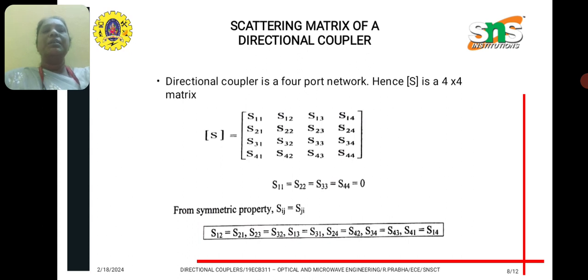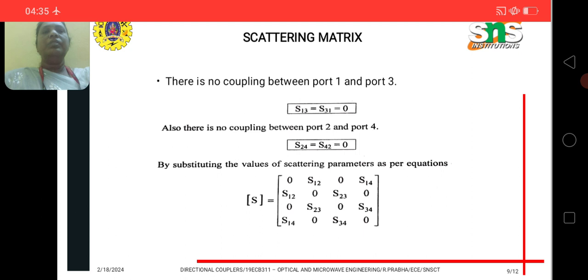Due to the symmetric property, we can say that S12 is S21, S23 is S32, S31 is S13, S34 is S43, S41 is S14. And also the diagonal elements S11, S22, S33, S44 are 0.